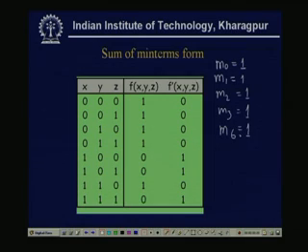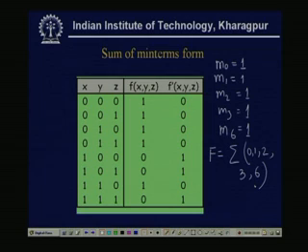So, as it is a sum of minterms, I can write my function as the sum of 0, 1, 2, 3, 6.